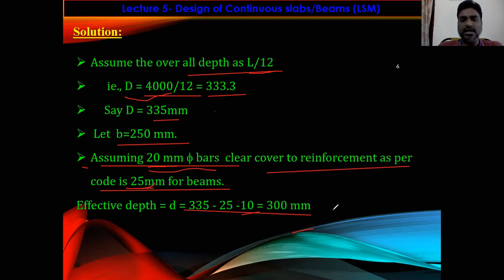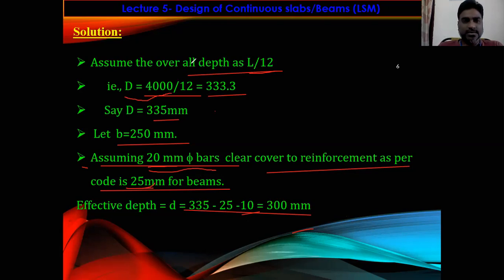So either way you can determine it. There are no fixed rules, right? It's flexible. You can assume anyone because at the start we don't know the values, so we are assuming the value. Then we will check whether these dimensions are suitable for our member or not, right?